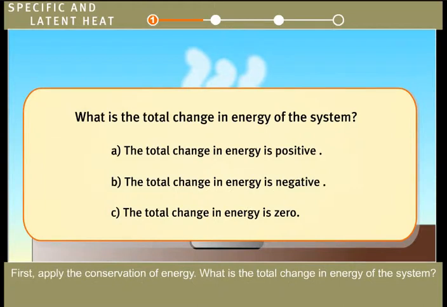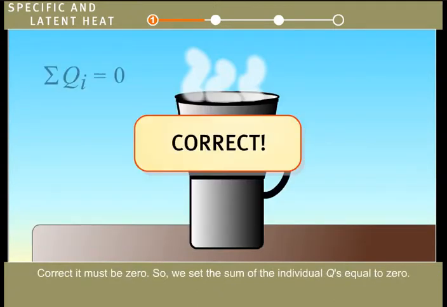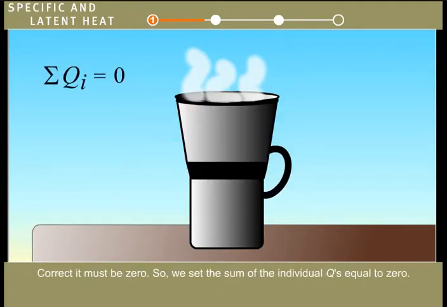First, apply the conservation of energy. What is the total change in energy of the system? It must be 0. So, we set the sum of the individual Q's equal to 0.